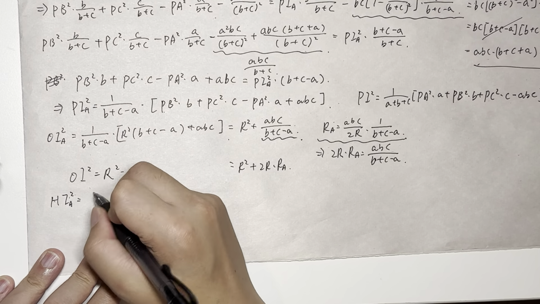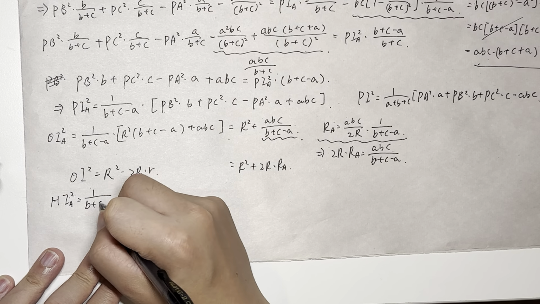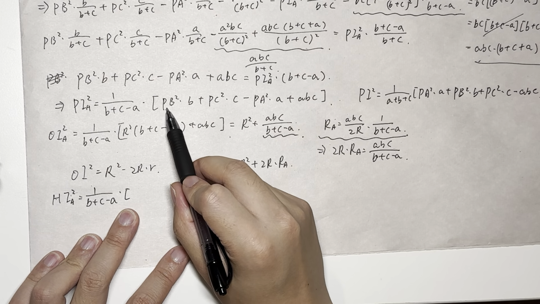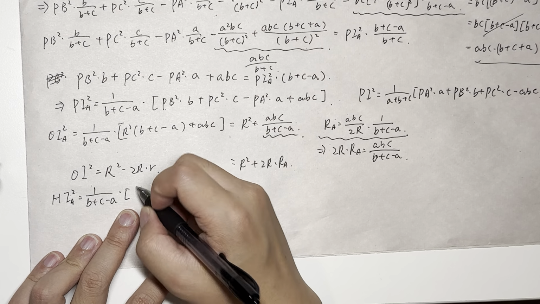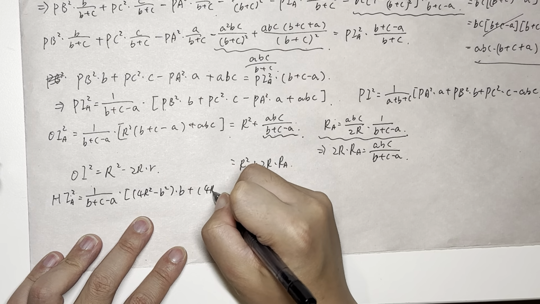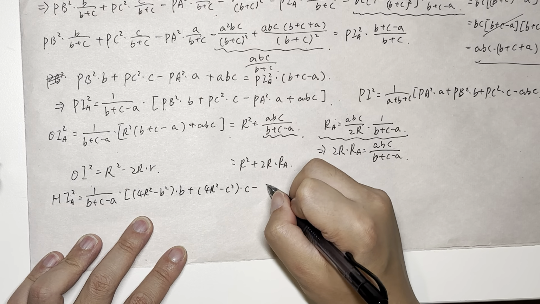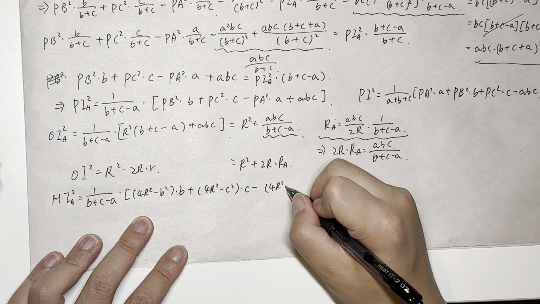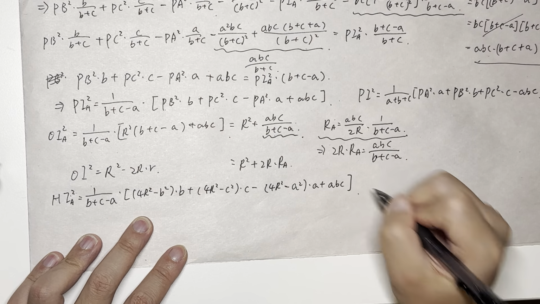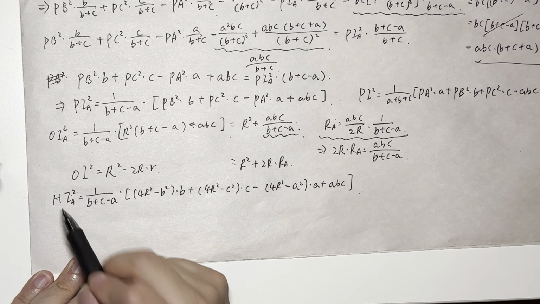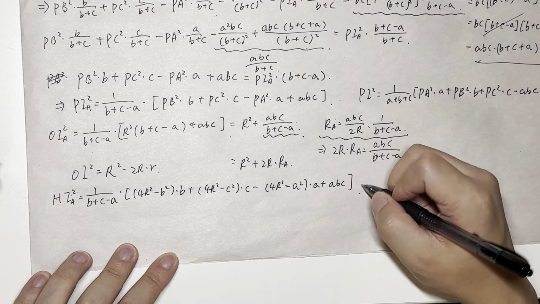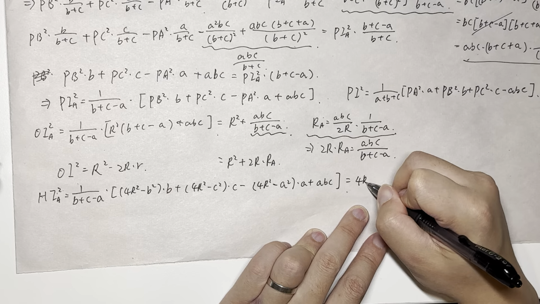HIA squared equals 1 over b plus c minus a times HB squared, right? That is 4R squared minus b squared times b plus 4R squared minus c squared times c minus 4R squared minus a squared times a plus abc. Right? That is HIA squared, which we can simplify as 4R squared, right?